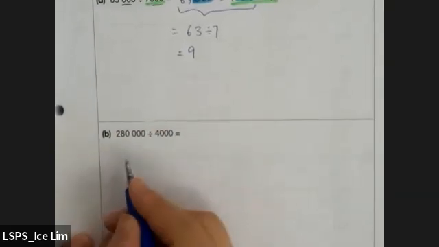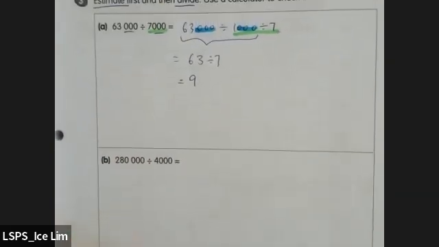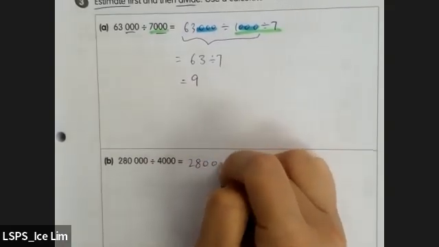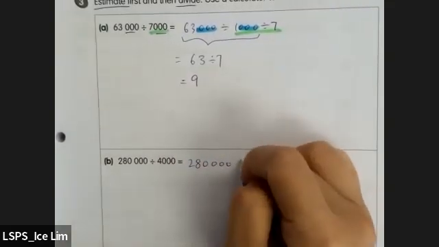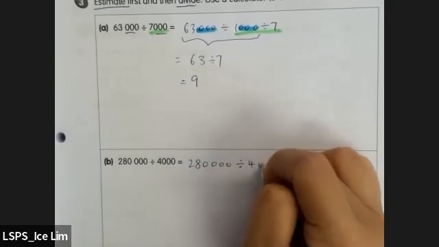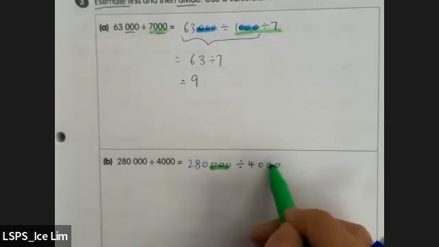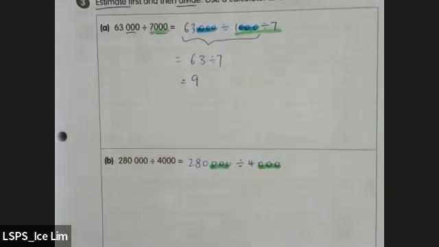Now, next one here. This one must be ultra careful already. Look, somebody's got more zeros. Okay, be very careful.